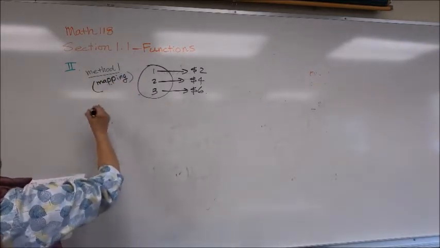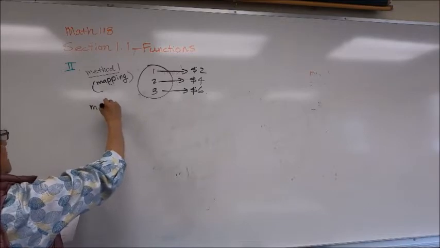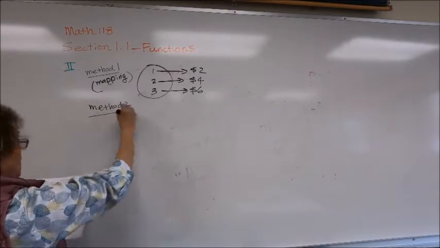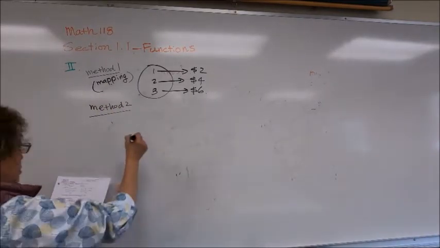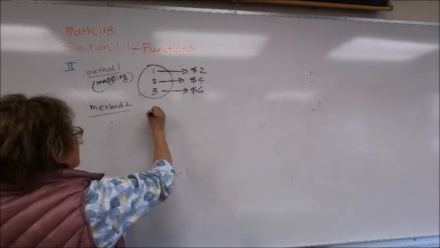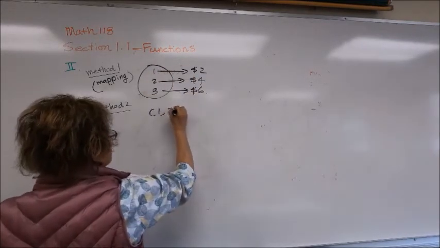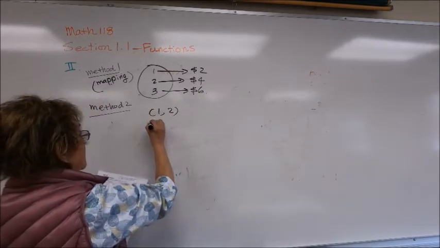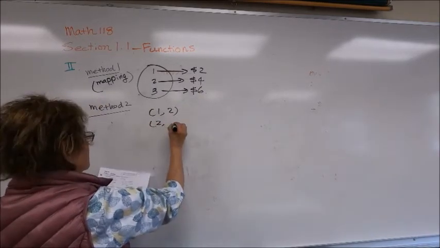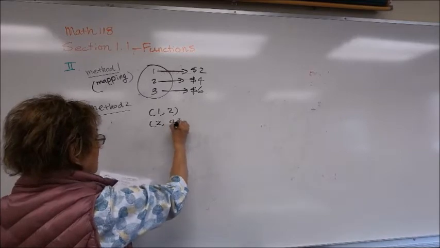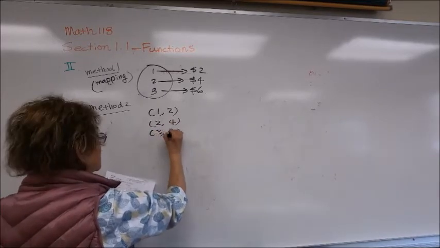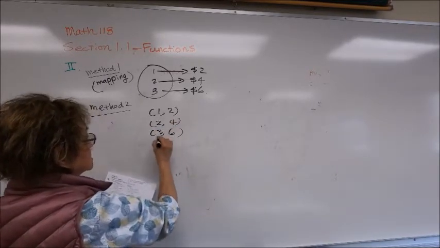Then method 2, the second way to show how it works. We do it this way. 1 pound pairs with what? $2. And 2 pounds pairs with what? $4. 3 pounds pairs with what? $6.